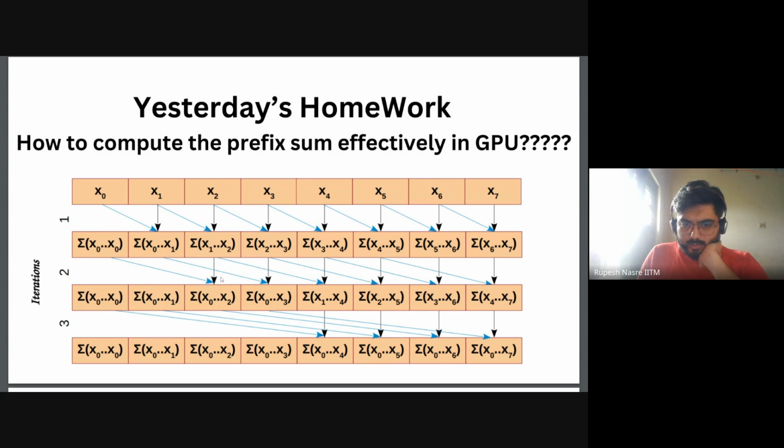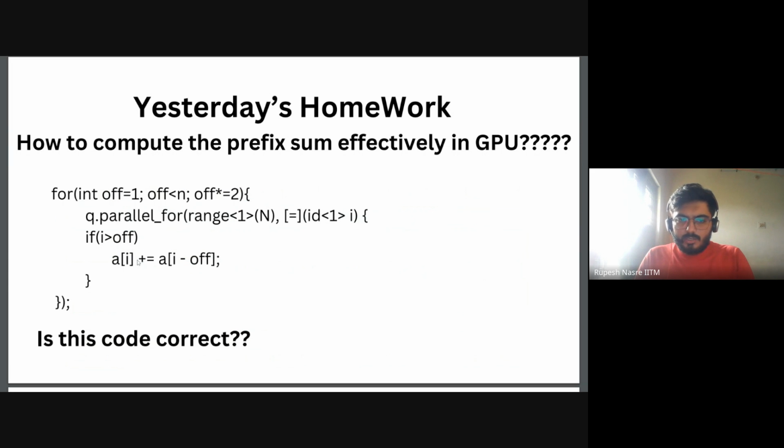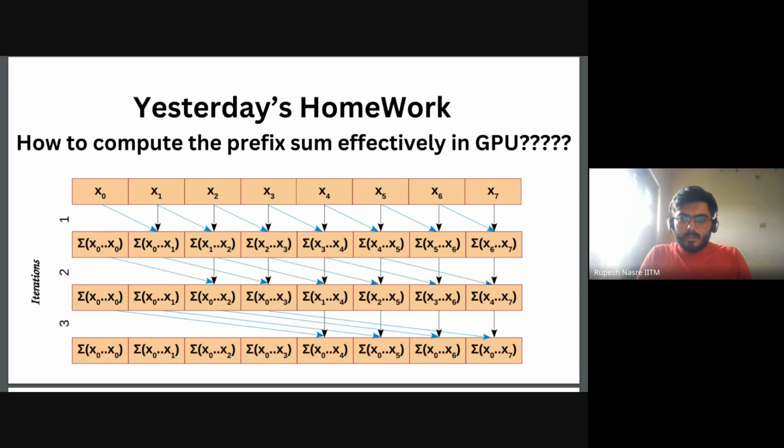I have just told you about data dependency, the read and write concept, and write after read also. Now what this will internally do is get the element a of I, then get the element at a of I minus offset, add them, and store the result at a of I, right?